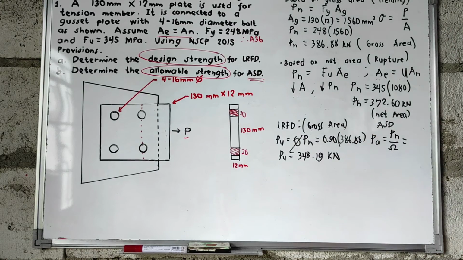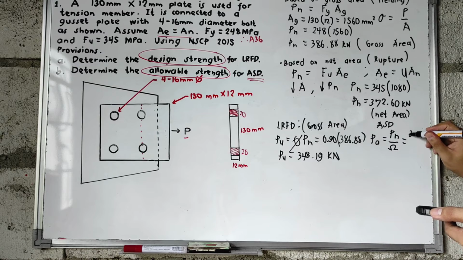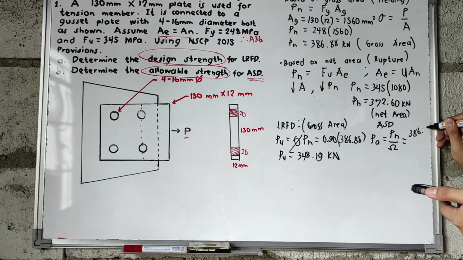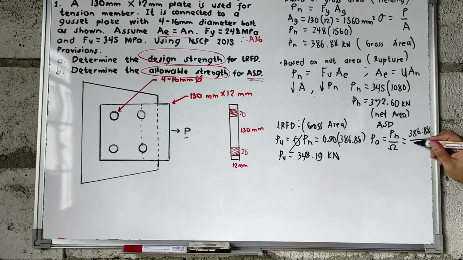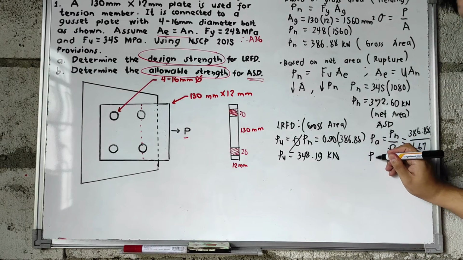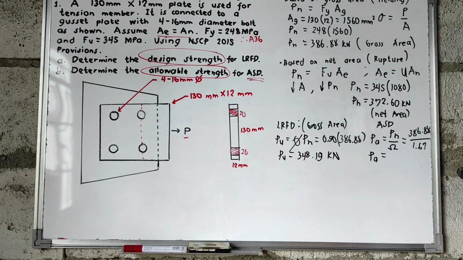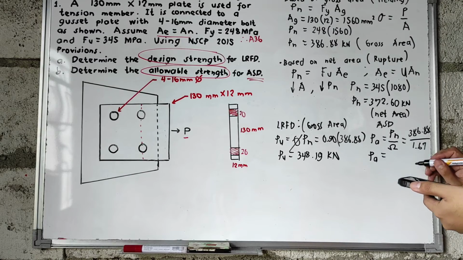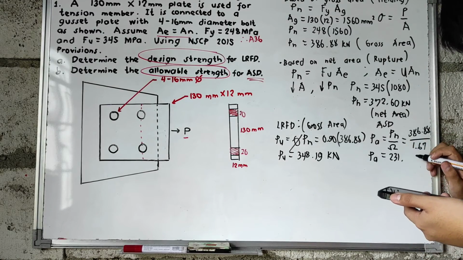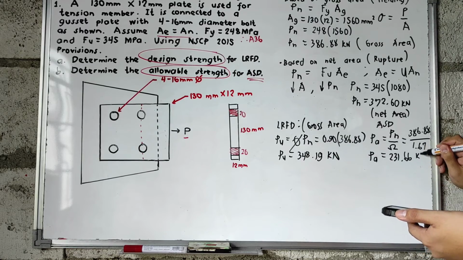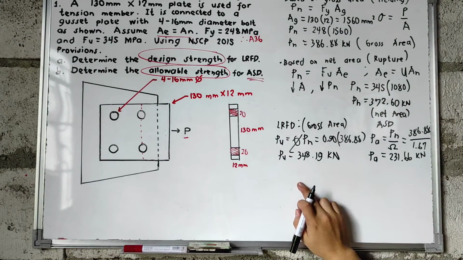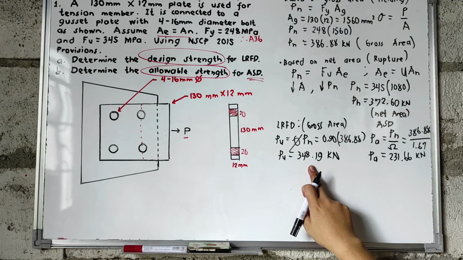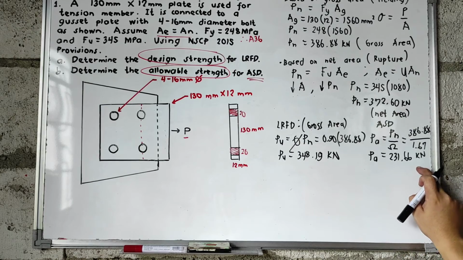So yung P sub n na nakuha natin, which is equal to 386.88, dinidivide natin siya by a factor of safety na 1.67. So yung makukuha natin na allowable strength is equal to 231.66 kilonewton.